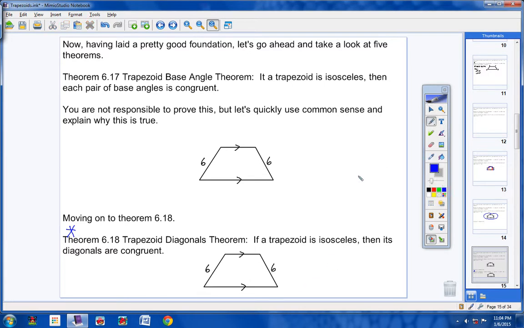Okay, let's take a look at this. Once again, if a trapezoid is isosceles, then its diagonals are congruent. Please take really good notes on this, okay?